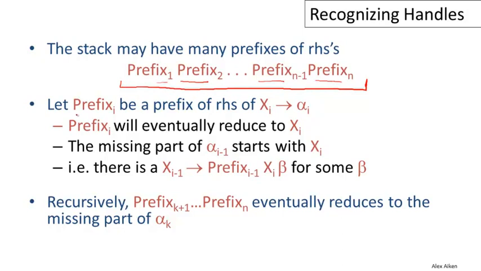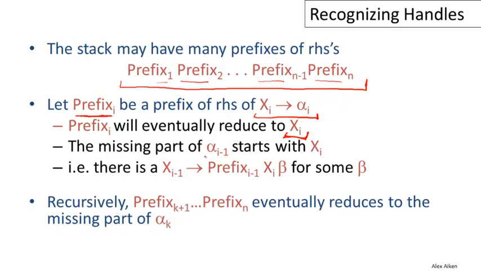And what's going to happen is that the ith prefix, if we were to pick a prefix out of this stack of prefixes, must be the prefix of the right-hand side of some production. And what that means is that that ith prefix on the stack will eventually reduce to the left-hand side of that production. So it'll eventually reduce to Xi in this case. And then that Xi has to be part of the missing suffix of the prefix that is below it on the stack.